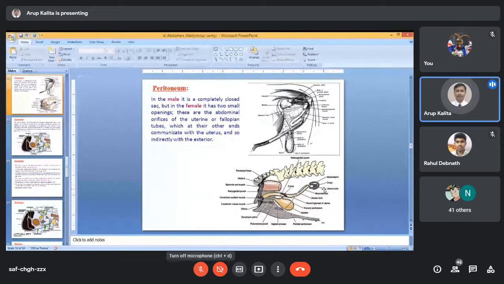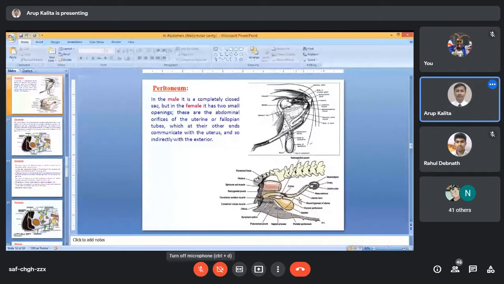But in the male, there is not, because the inguinal canal and testicles are present here, but they are also covered by the skin. That is why in the male it is a completely closed sac, but in the female it is open.